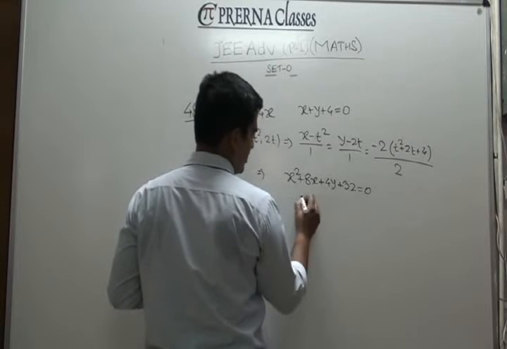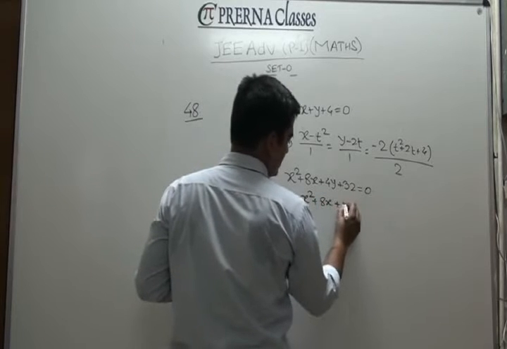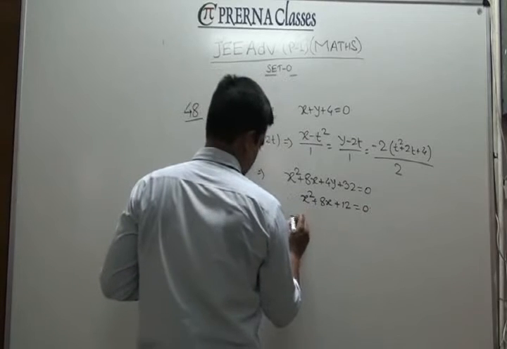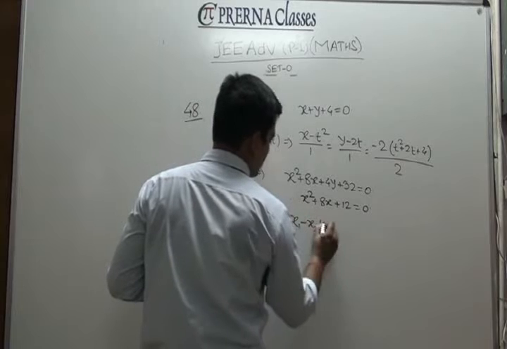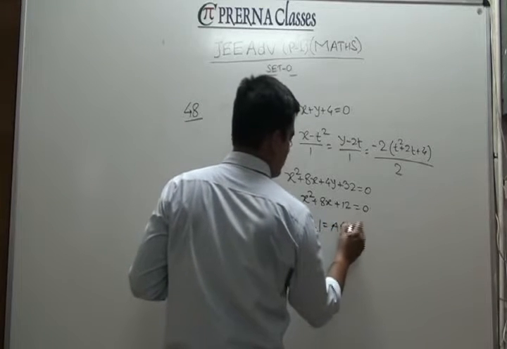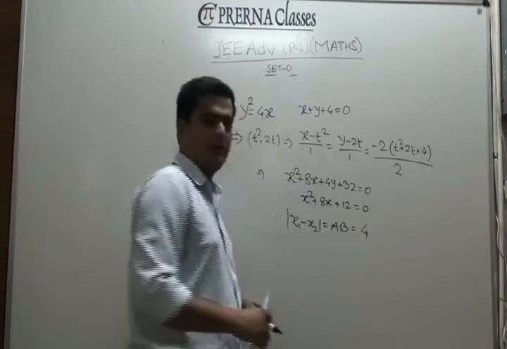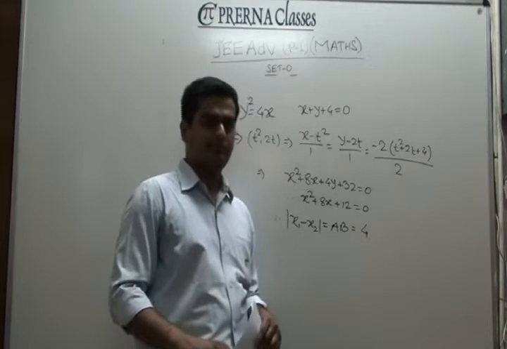I mean, if you put y equal to -5, you will end up getting a quadratic like this. There you need to find out nothing else but this. This is going to take care of that distance AB, which is equivalent to 4 based on that quadratic, since sum and product of the roots are known.